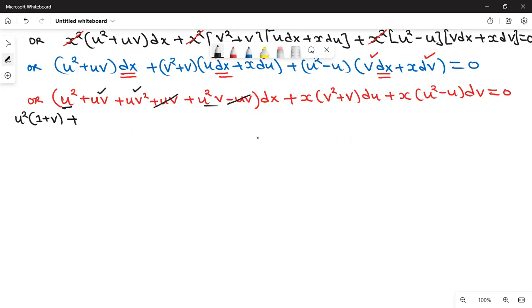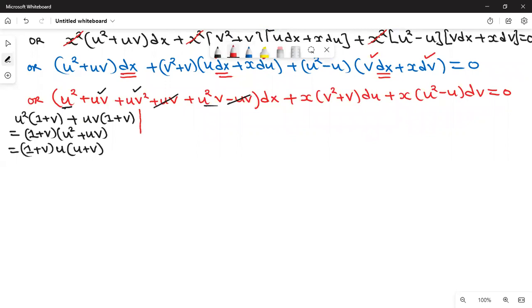Again, uv is common into 1 plus v. So 1 plus v is common into u squared plus uv. And in the second bracket, u is common. So this can be written as (1 plus v) times (u plus v). So that's the coefficient of dx.